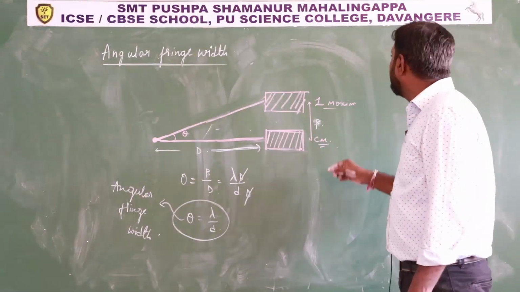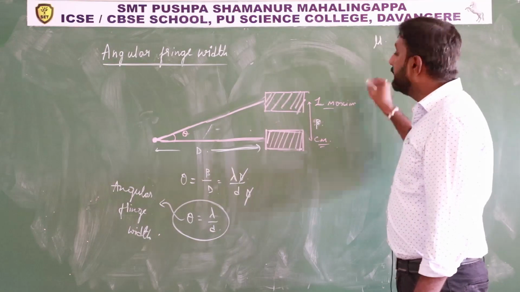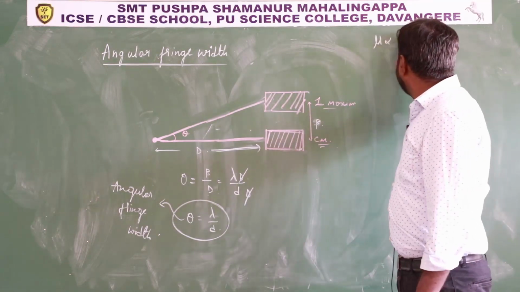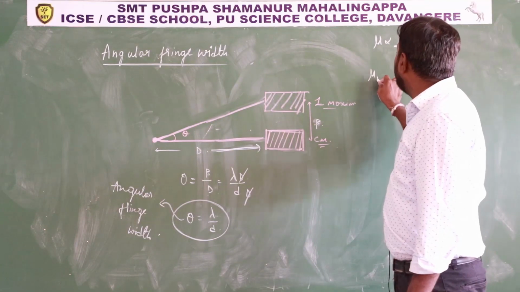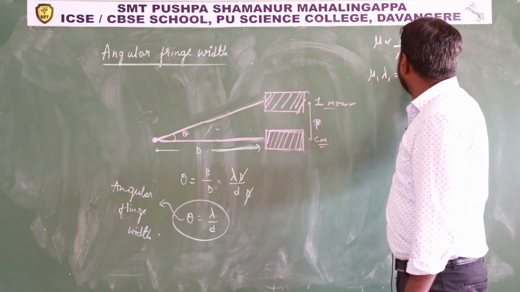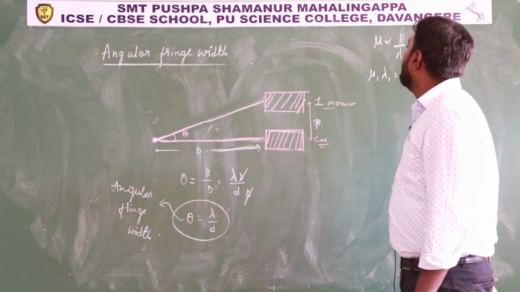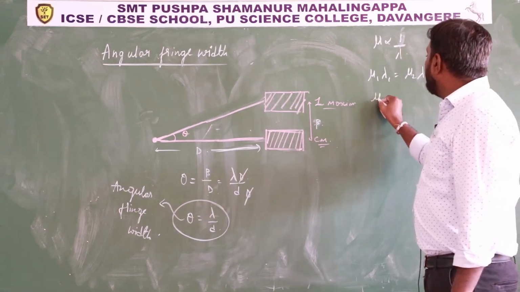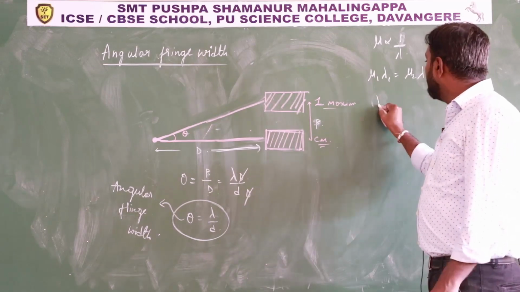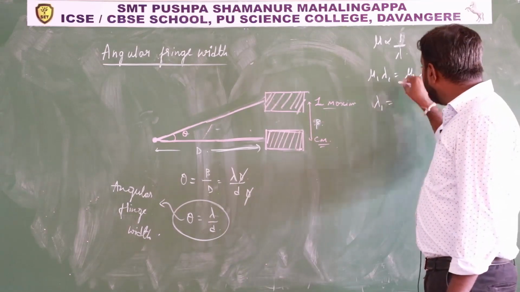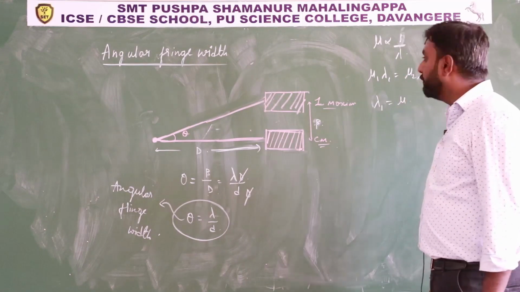In that time what happens? So you know that the refractive index mu is inversely proportional to the wavelength of light. Then mu1 lambda 1 you can write as mu2 lambda 2. And mu1, let us consider it as air medium. Air medium refractive index is 1. Lambda 1 is equal to, that medium's refractive index is, let us say, mu.